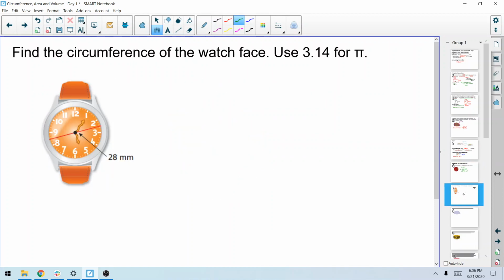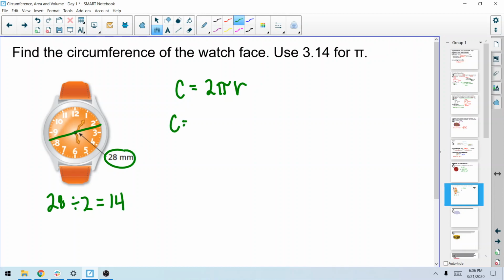Next one. Find the circumference of the watch face. Use 3.14 for pi. Again, circumference, 2 pi r. This time, take a look at your 28. Take a look at the line that goes the whole way across. Is that, in fact, your radius? No, that's your diameter. So we have to take 28, we have to cut it in half, because half of your diameter is your radius, which is going to give us 14.